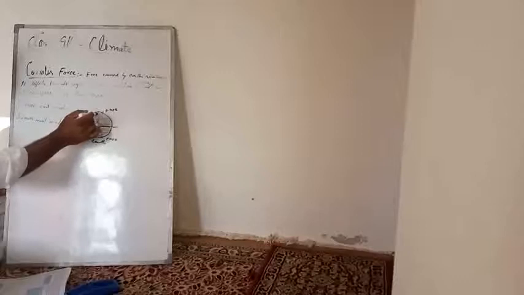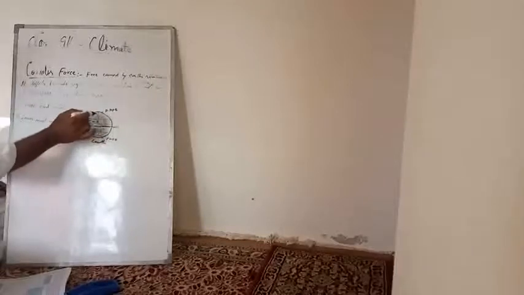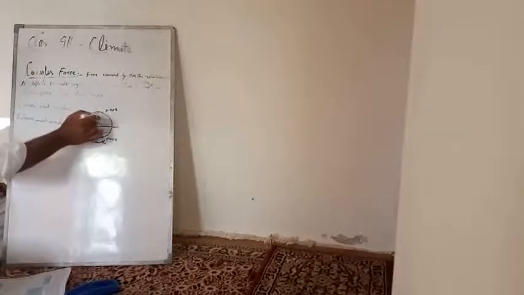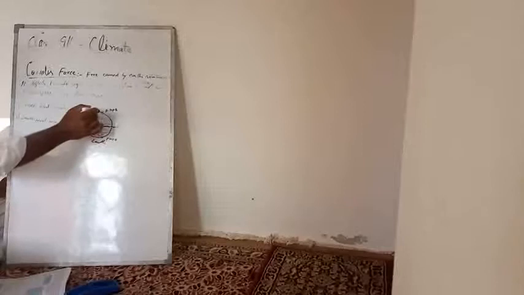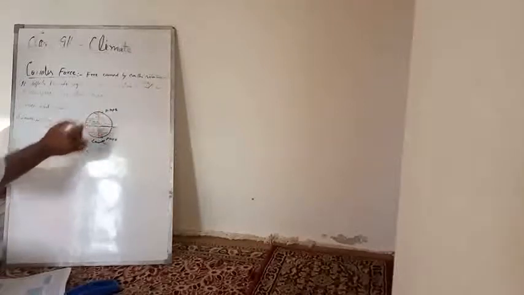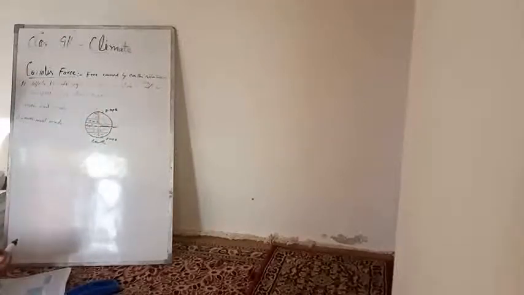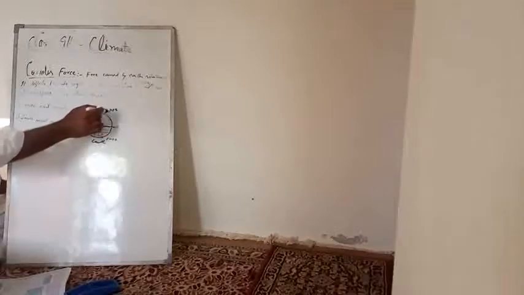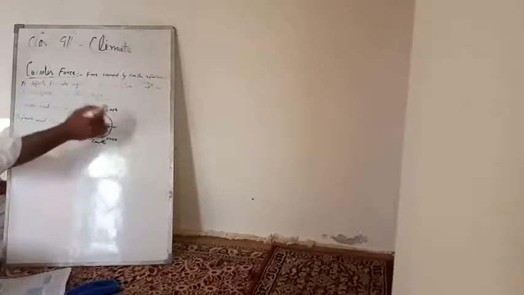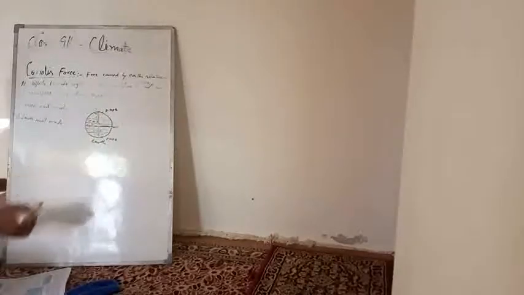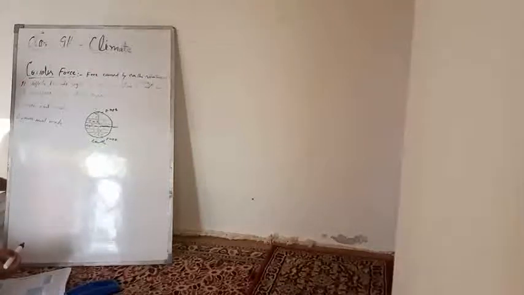And just above the polar region, it is the low pressure belt because the temperature generally remains high compared to the polar region. In the poles, temperature is low and pressure is high, and just above the poles there is low pressure because of high temperature.